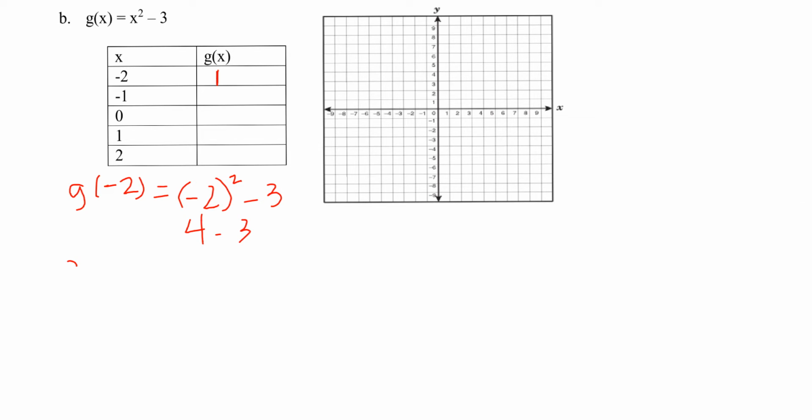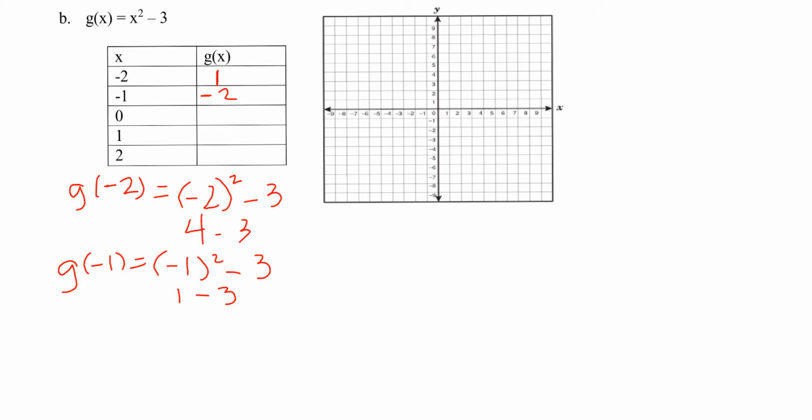Next we have g of negative 1, which is the same as negative 1 squared minus 3. Negative 1 squared is 1. 1 minus 3 will give us a negative 2.